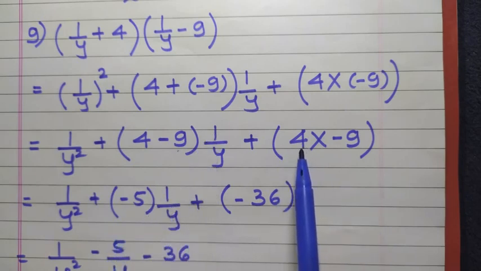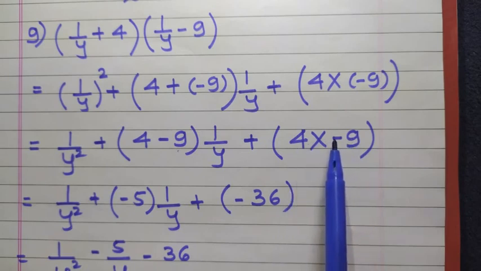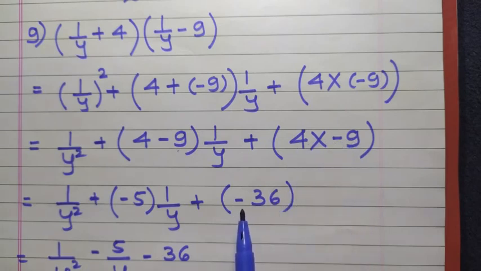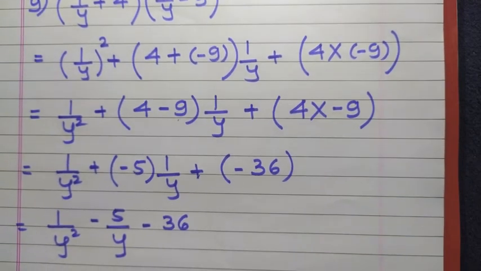Here multiply 4 and 9. 4 nines are 36, but 9 is minus, so your final answer will be minus 36. So 1/y square plus into minus will be minus. 5 ones are 5, numerator into numerator, divided by the denominator y. Plus into minus is minus 36. So your final answer will be 1/y square minus 5/y minus 36.